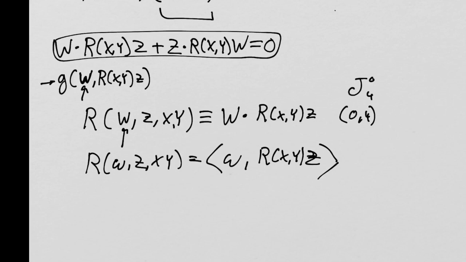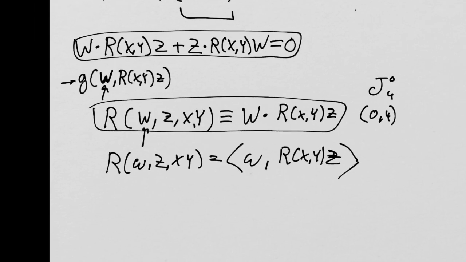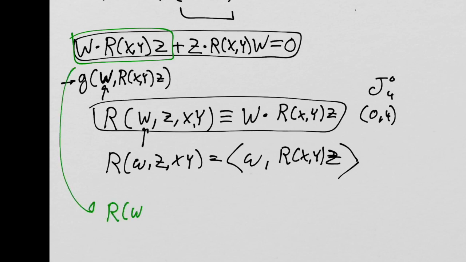If this equals 0, and this is our definition of the fully covariant Riemann tensor, then R(W, Z, X, Y) equals minus R(Z, W, X, Y), right?